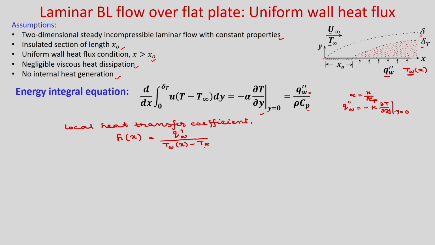T infinity is your free stream temperature, Tw is a function of x, and q double prime w is constant. This is from Newton's law of cooling. Now, the Nusselt number you can find as h x by k. So, you can write q double prime w divided by Tw minus T infinity, into x by k. This is the expression for the Nusselt number.